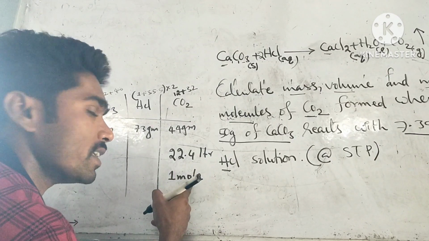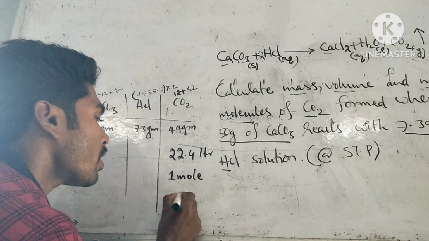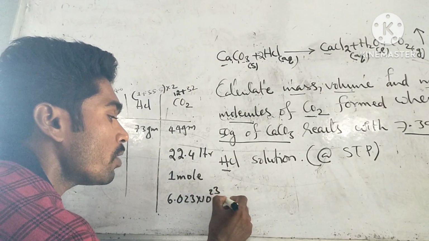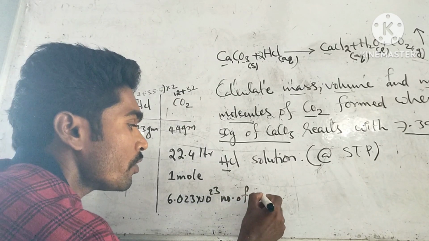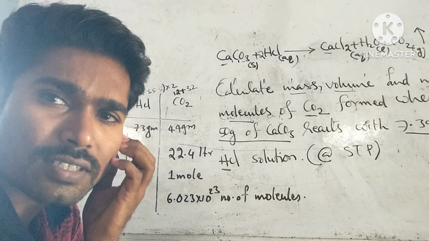So 1 mole of gas or 1 mole of matter contains 6.023 into 10 power 23 number of molecules.